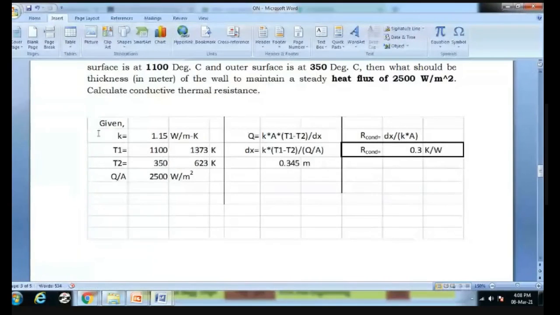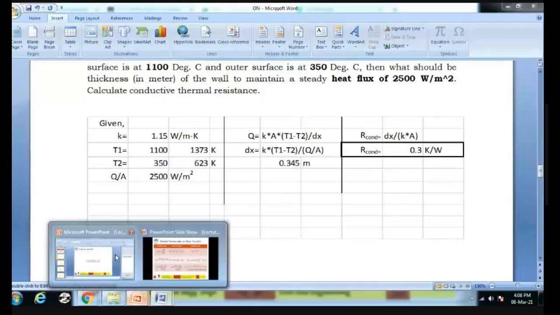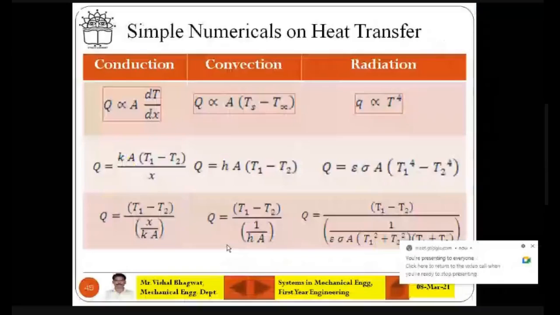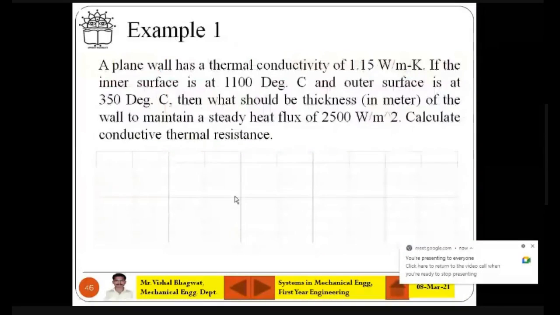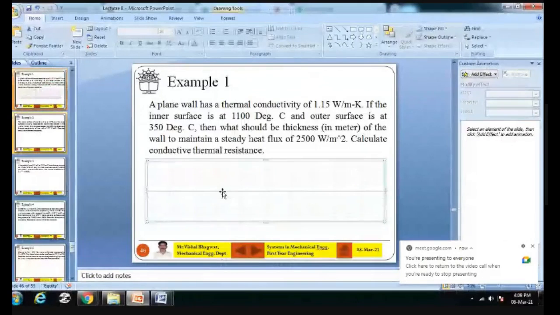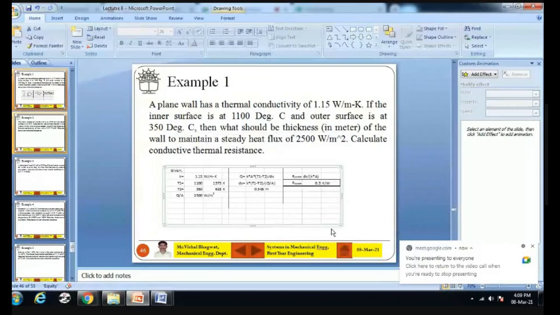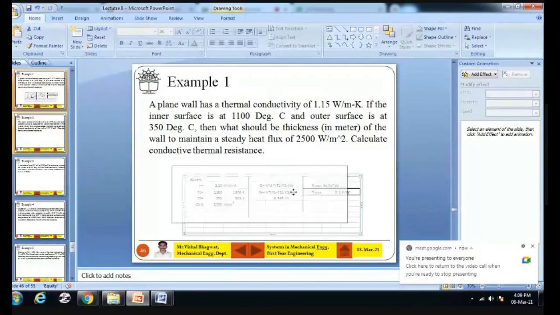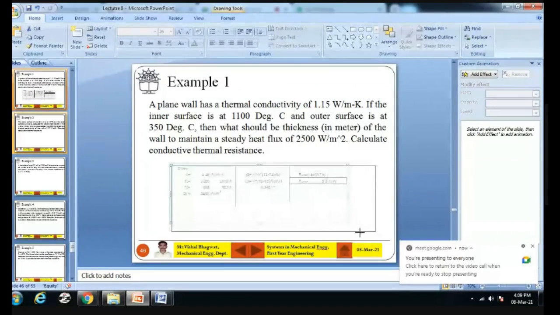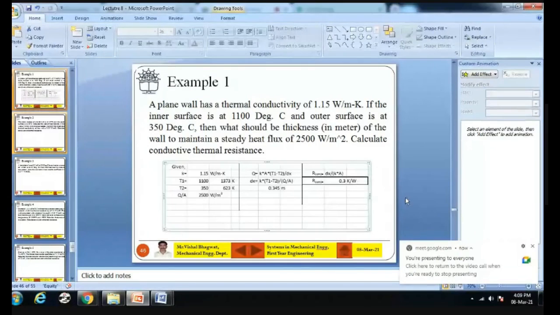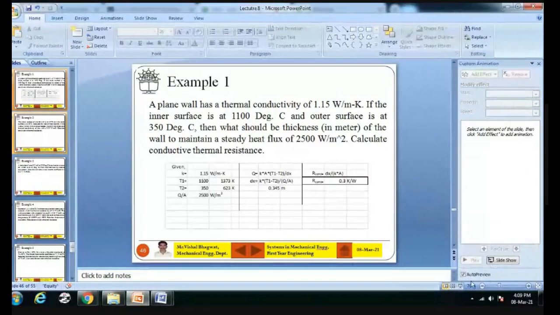That is this. Okay. So simply what I'll do is copy this here. Then this is the answer. Fine. Next problem.